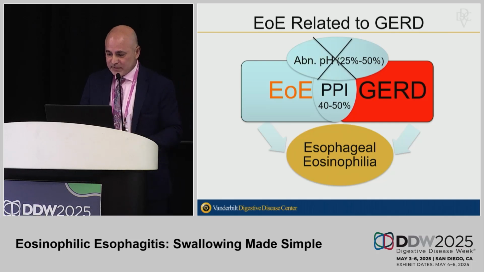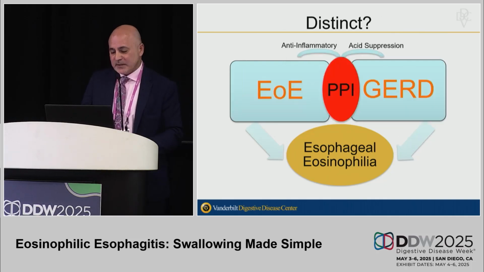Now let's explore this then. Why couldn't we just say that reflux is reflux, EOE is EOE, and they both respond to PPIs? And they do that through a different mechanism, right? So one is acid suppression, the other is anti-inflammatory properties or other mechanisms.